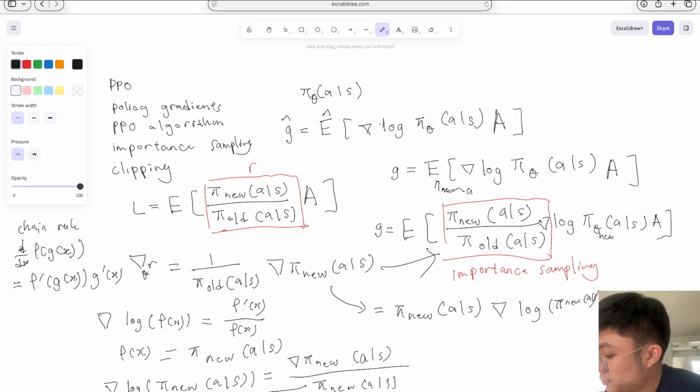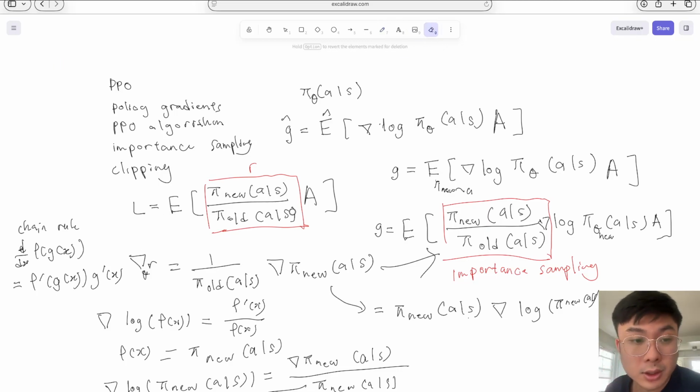Now if we substitute this into here, we get exactly this. So now we have shown how this is the new loss function for the PPO algorithm.